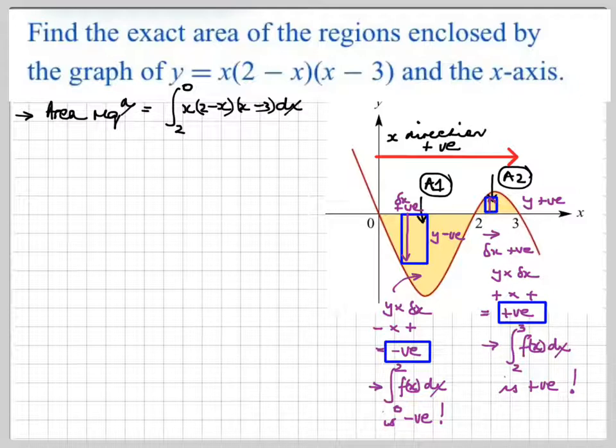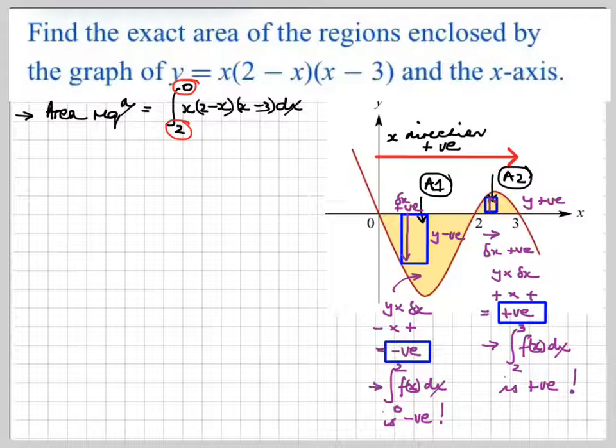Now, the area required, what have I said there? What I'm saying is, the first region, see what I've done to the terminals? I fixed them up, didn't I, properly? I reversed them, and that means it turns the whole integral expression around to be the negative of what it was.